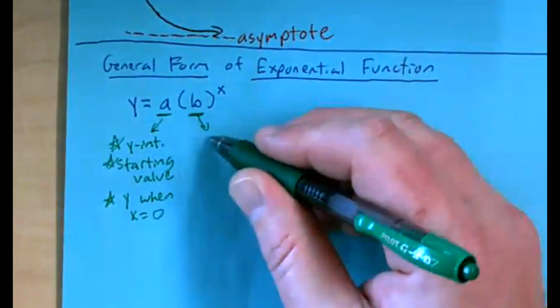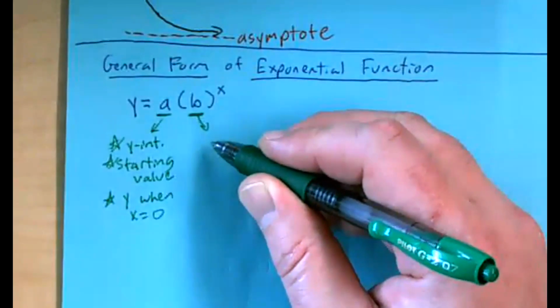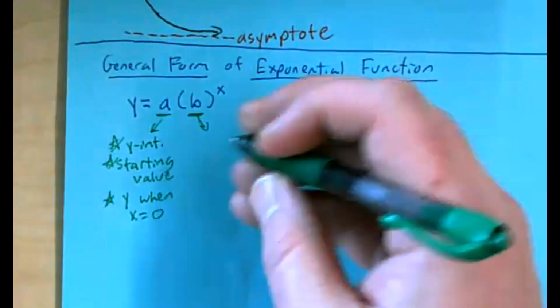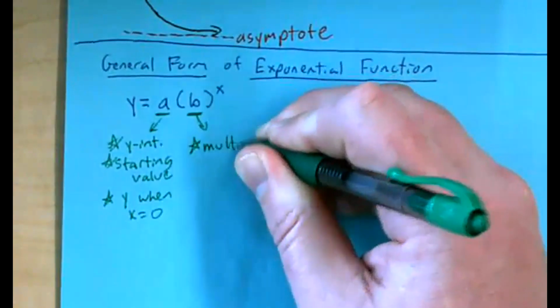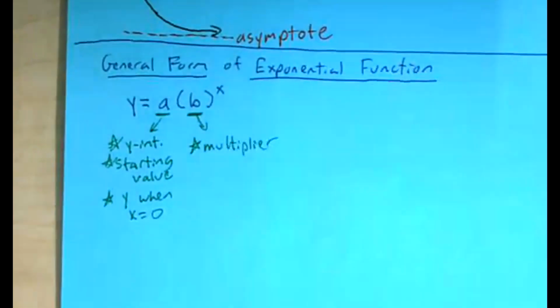Give me some words to describe B. Multiplier. That's kind of the key one for B. And I'm going to make myself a little note here about my cheat code for finding B. If I have 2 Y values that are back to back, we use division to find it, right?